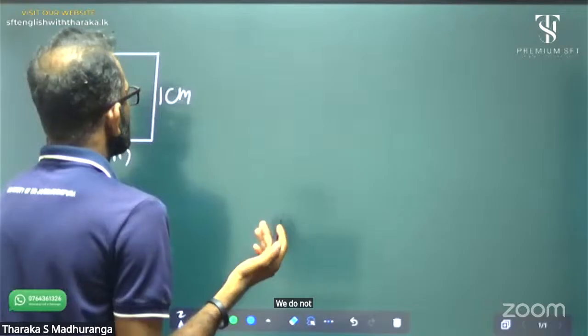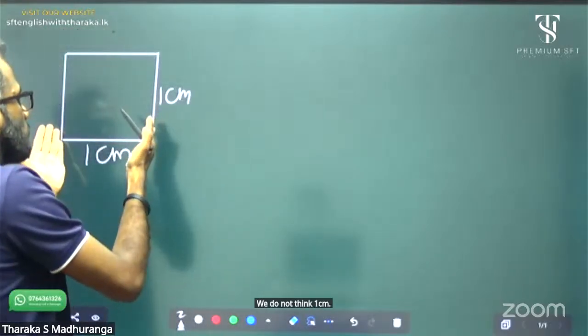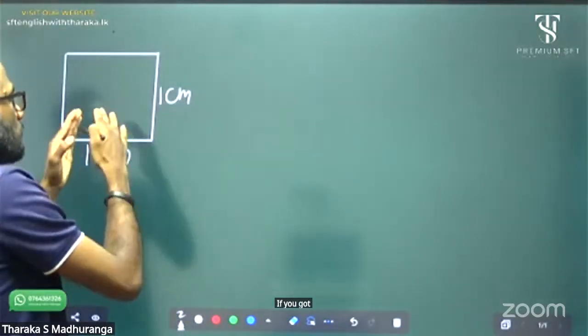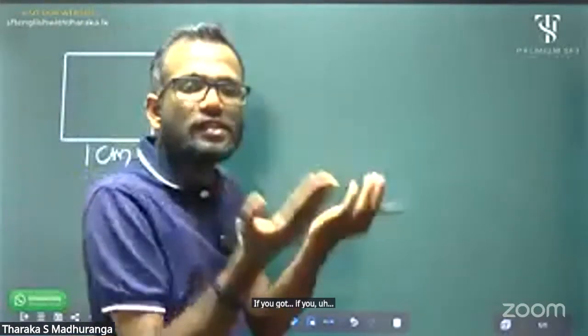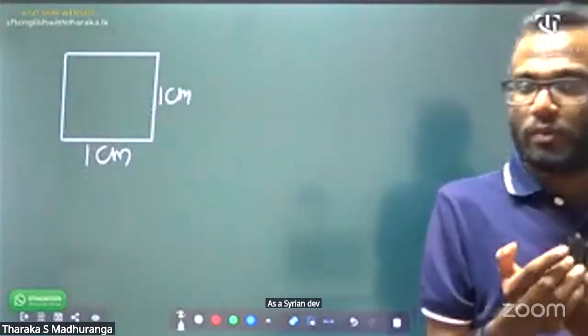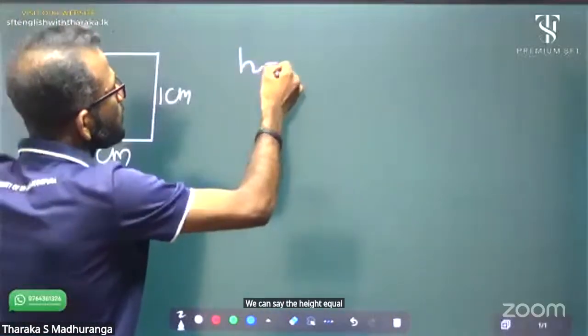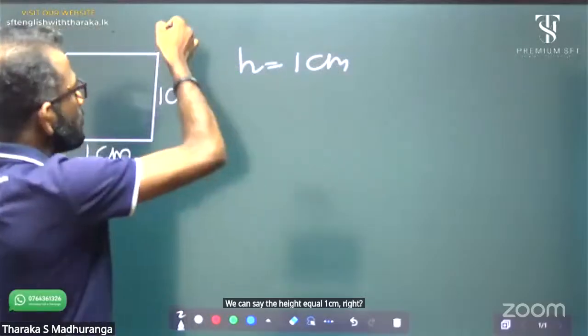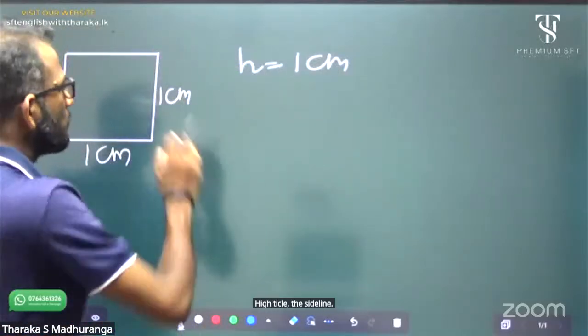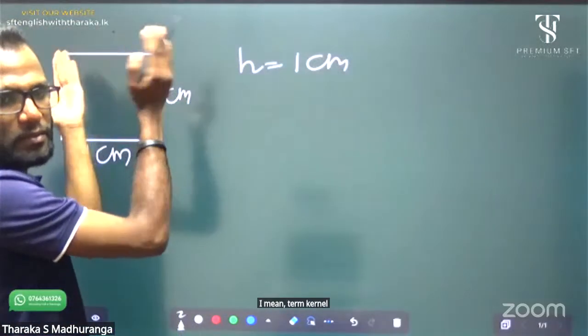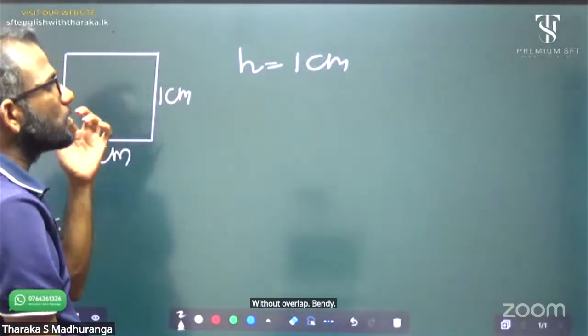If you bend this into a cylinder without overlapping, we can say the height equals 1 centimeter, right? Height equals the side length. Now he turns it like this without overlapping, bending, right?